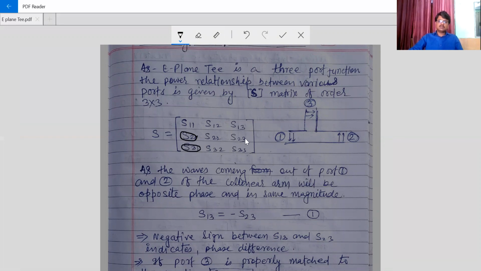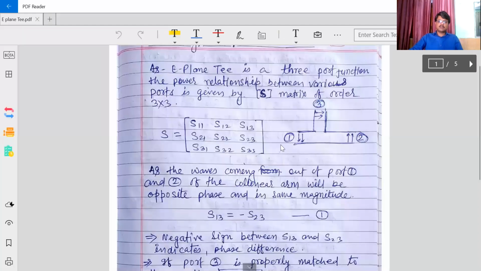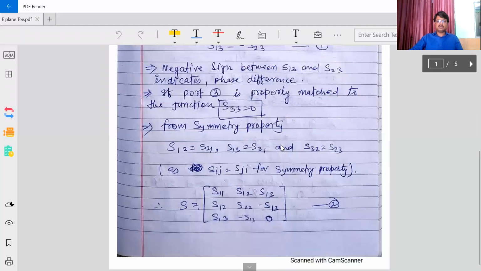Again, this S23 will be minus S13, and this will also be written as S23, and finally minus S13, and this S33 will be equal to 0. So the S matrix of this E-plane T will now be written as this one. Okay, so let us suppose this is equation 2.